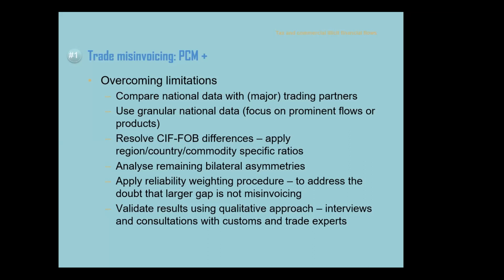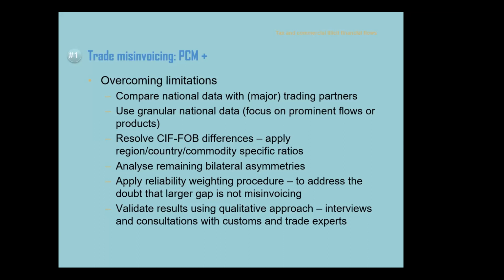The third one, of course, addresses the CIF-FOB differences. We have to resolve them. So in some cases, we mentioned, apologies, exports are reported on a FOB valuation, whereas imports are usually on a CIF valuation. Now, more and more countries are also reporting imports on FOB valuation.